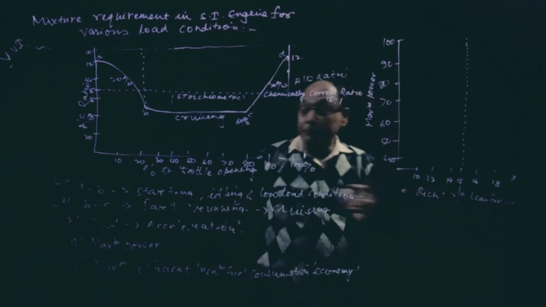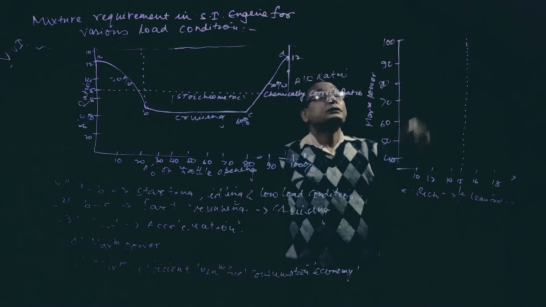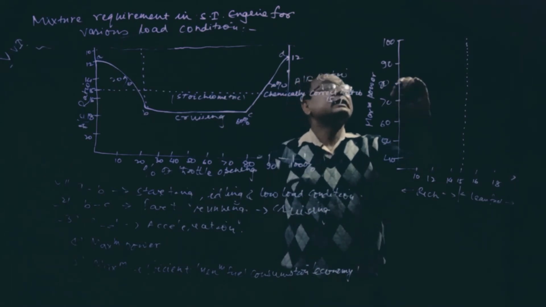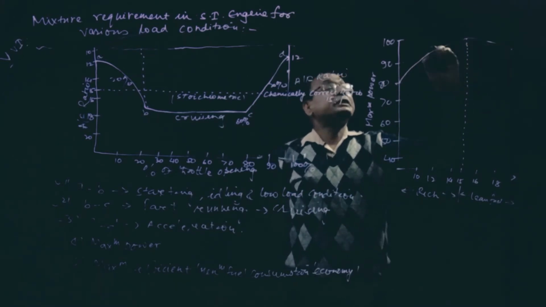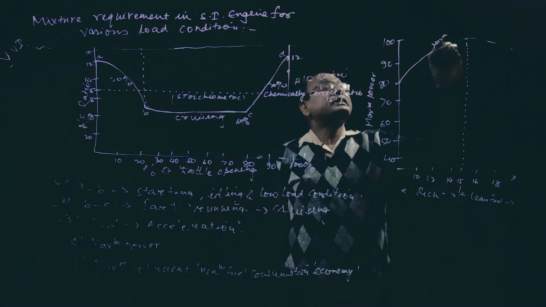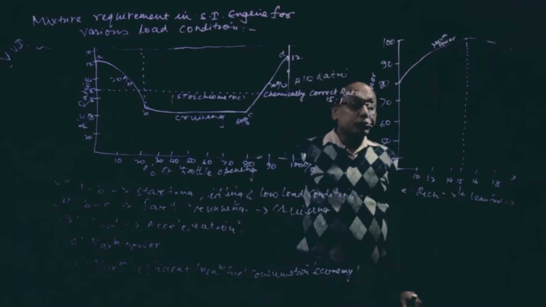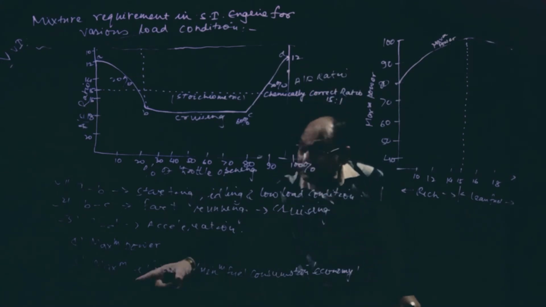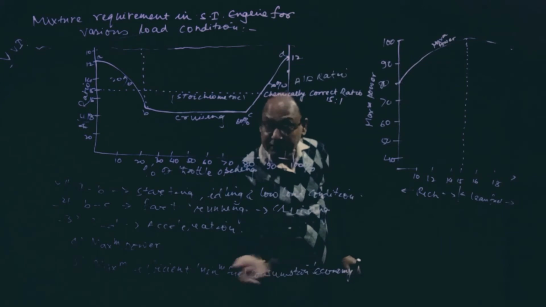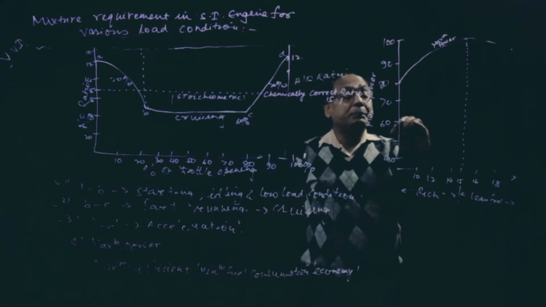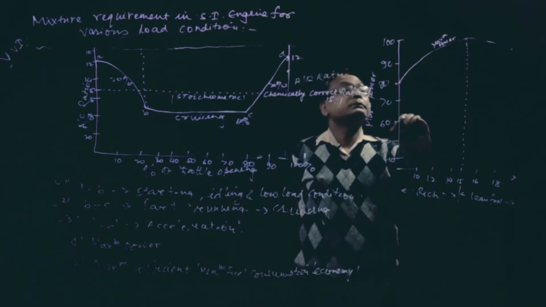So if we want to increase the power, it will go like this, so it is maximum power. It will give you maximum power. If we talk about maximum efficiency, that means fuel should burn with minimum fuel consumption or fuel economy, that will be like this.